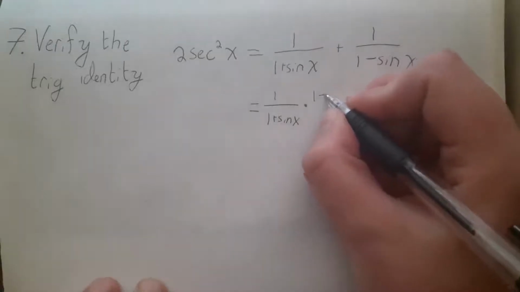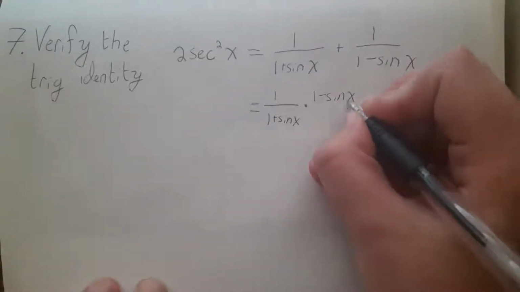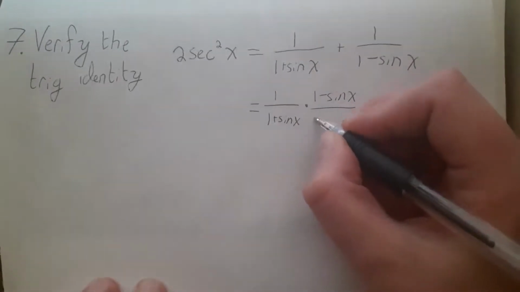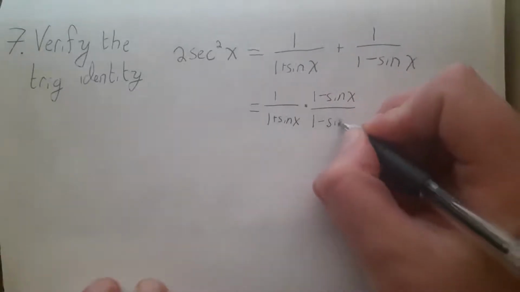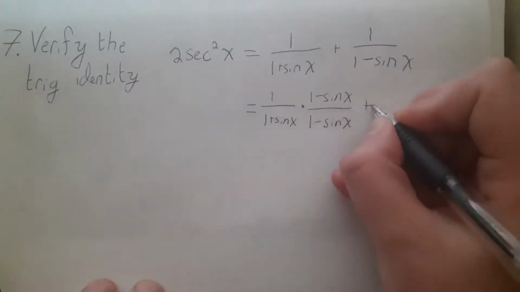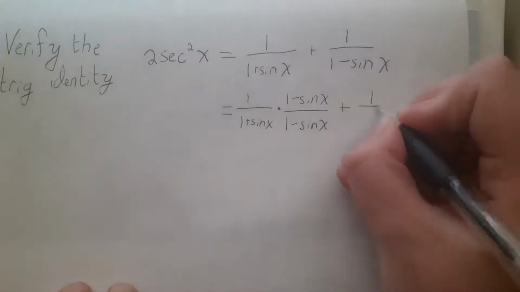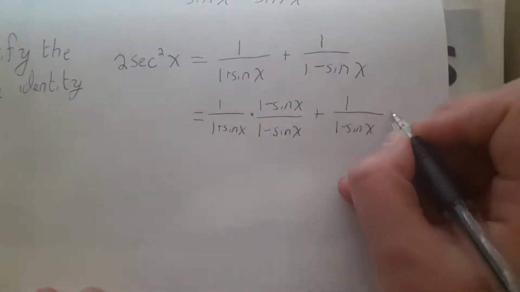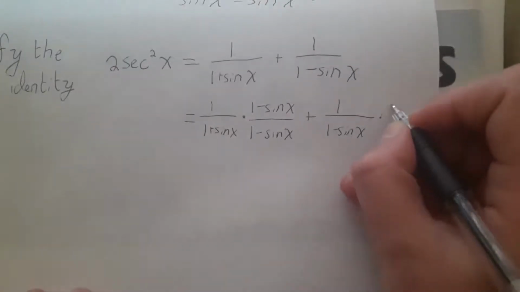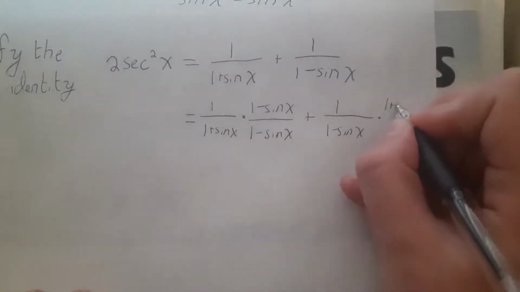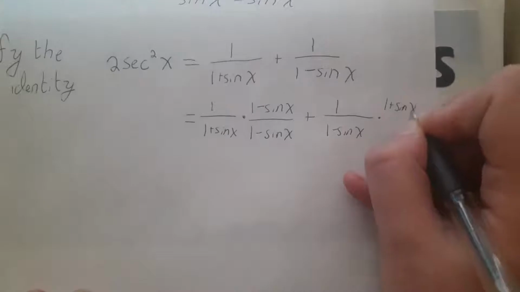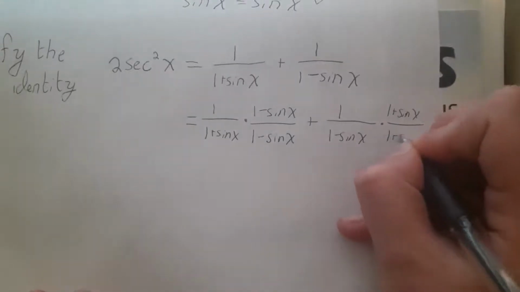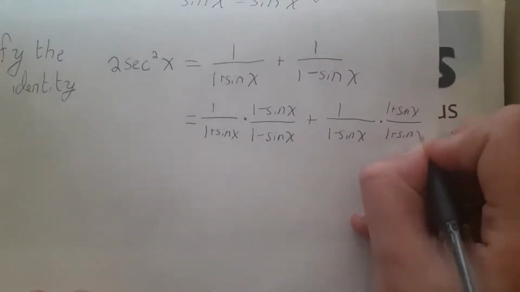Doing that will give us the same denominator on both, so that we can then add the two fractions. Plus 1 divided by 1 minus sine x multiplied by 1 plus sine x over 1 plus sine x.